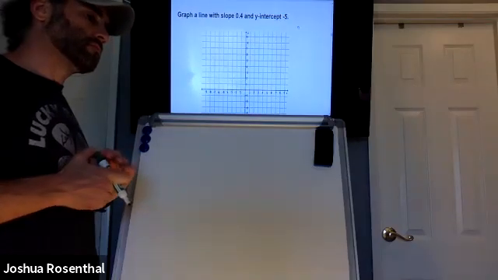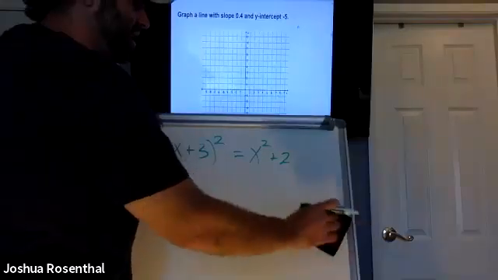Okay, give me a problem. X plus 3 in parentheses squared equals x squared plus 2 times 3x.